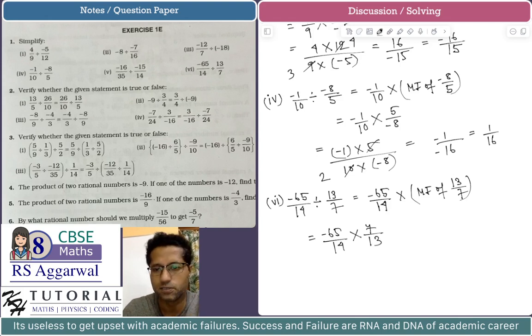Now if you do cancellation, 7 divides 14 with 2, and 13 divides minus 65 with minus 5. So this is equal to minus 5 by 2. Okay.